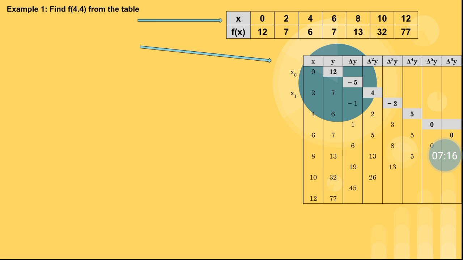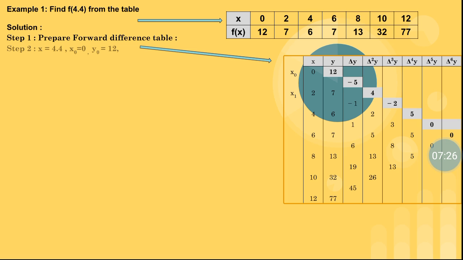Construct the difference table first. The x value and y value are given. Now all the remaining del 1, del 2, del 3, del 4, del 5 and del 6. Your first step of the solution is to construct the difference table. Second step, the value of x is 4.4, which is given to you in the question. x0 is the first value, 0, and y0 is 12.